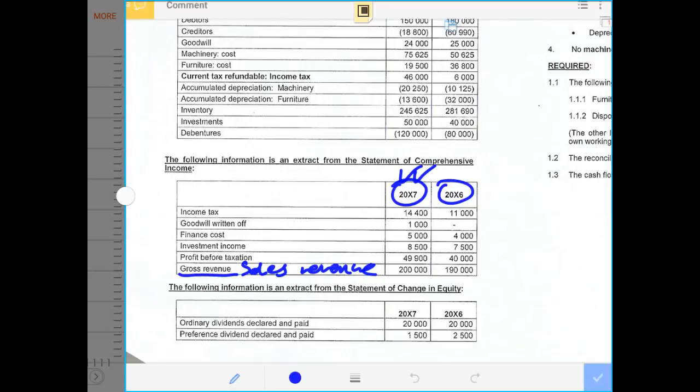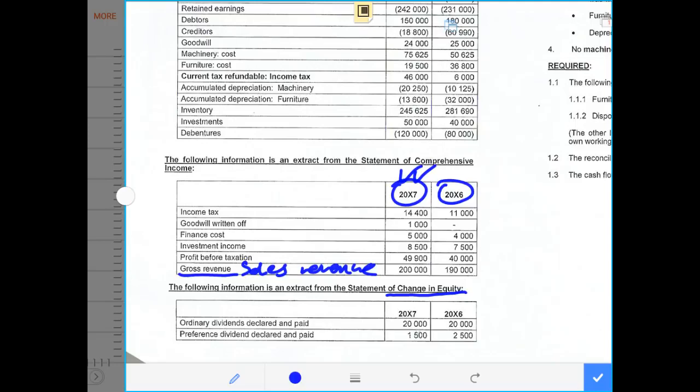The next statement is the statement of changes in equity. In the statement of changes in equity, we have two comparative years, once again the year 2006 and the year 2007. We are given ordinary dividends that were declared and paid, and preference dividends that were declared and paid. So we have two dividends in the statement of changes in equity.